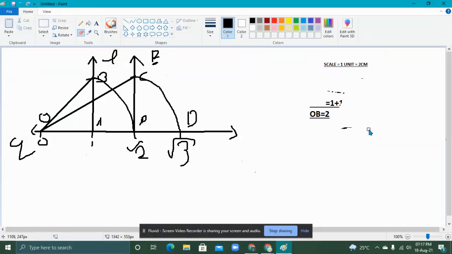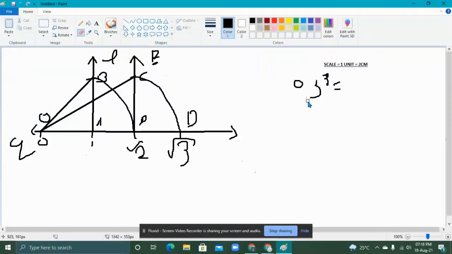When you are doing this, you have to keep in mind to write OB cube. You have written OB cube, then equals to, why have I written OB?